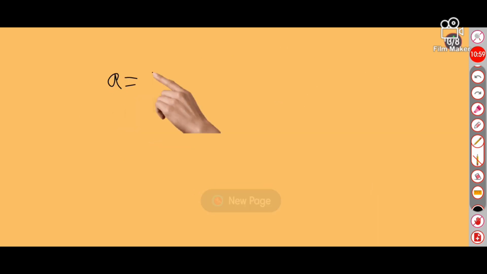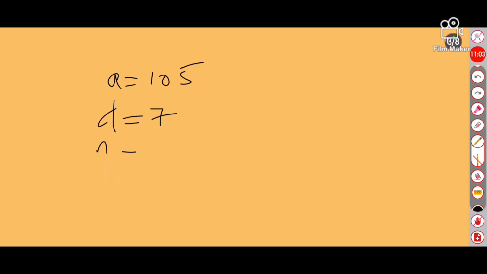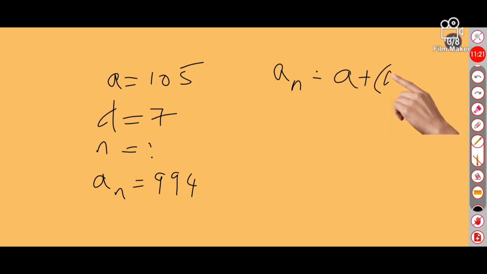So with this we get A equal to 105, D equal to 7. We need to find the value of n. The an value is 994, which is the last or the nth term, the highest 3-digit number divisible by 7. So we can easily find the value of n by substituting in the formula an equals a plus n minus 1 into d.